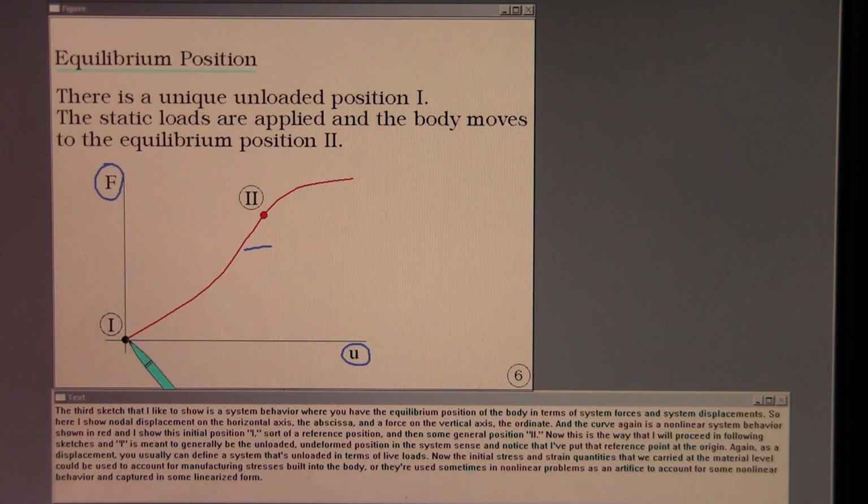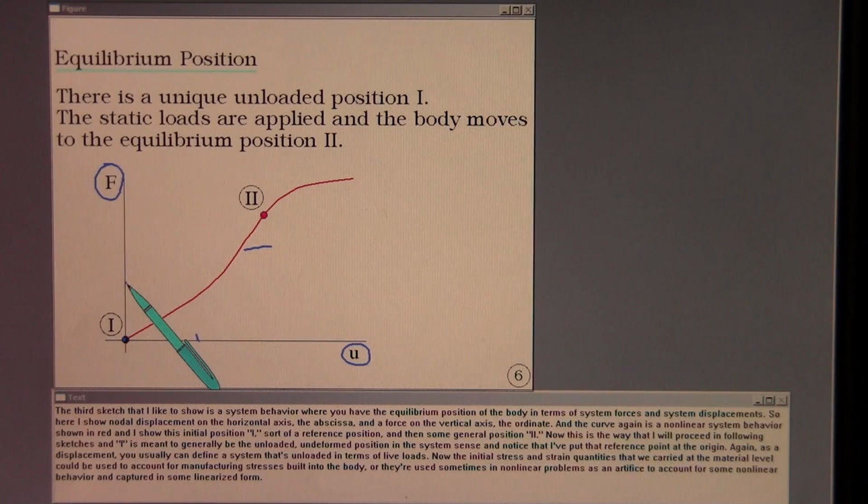And I show this initial position 1, sort of a reference position, and then some general position 2. Now this is the way that I will proceed in following sketches, and 1 is meant to generally be the unloaded, undeformed position in the system sense. And notice that I've put that reference point at the origin. Again, as with displacements, you usually can define a system that's unloaded in terms of live loads.